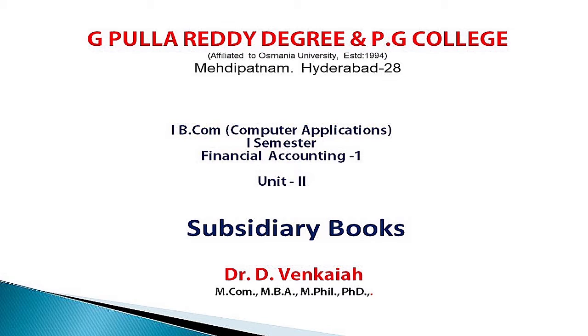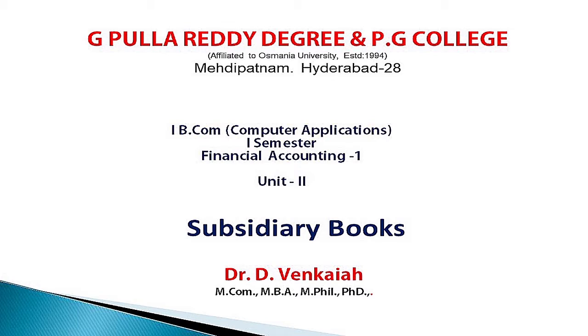In the earlier video we also understood what exactly the sales book is. The sales book records only credit sales. It does not record sale of assets and cash sales. The purchase book records only credit purchases of goods, not purchase of assets or cash purchases.